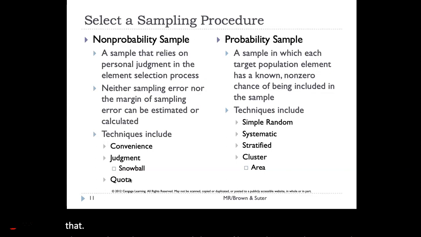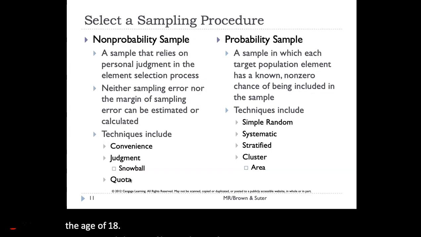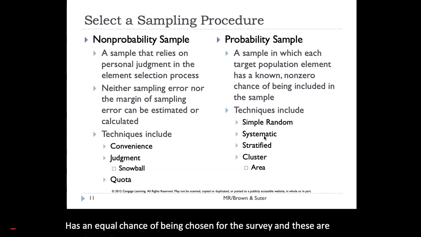So if we were doing a probability sample of Sacramento, California, again, to do those interviews about the educational system, everyone in that target population, Sacramento, California, with one or more children under the age of 18, has an equal chance of being chosen for the survey. Okay, and these are simple random samples, systematic, stratified, and cluster.